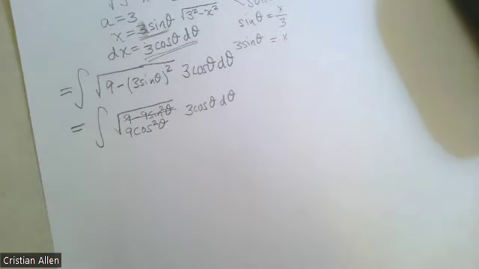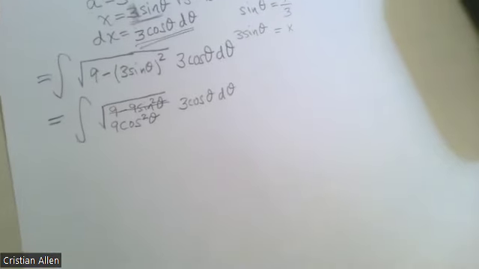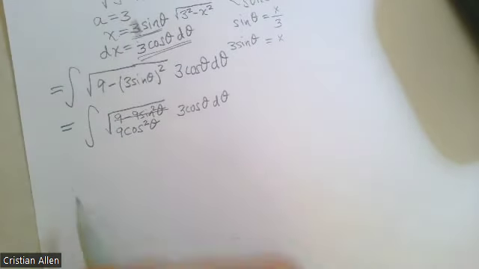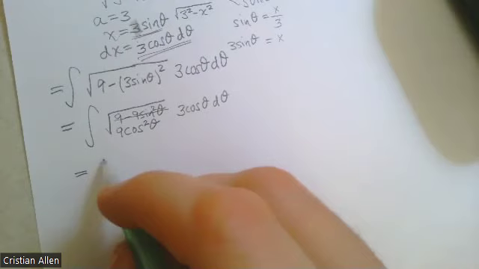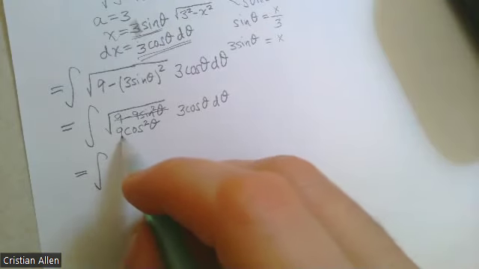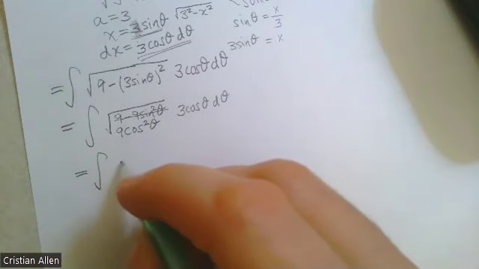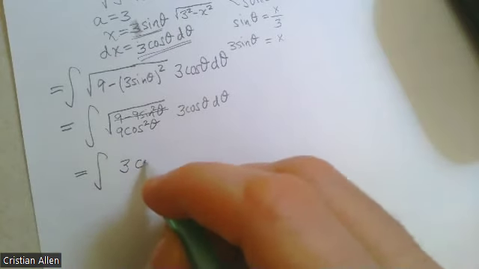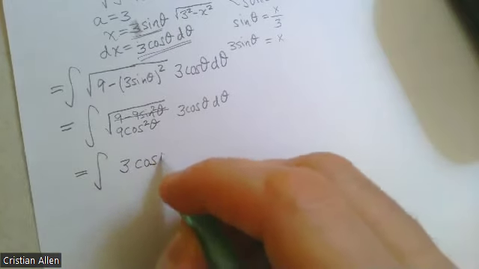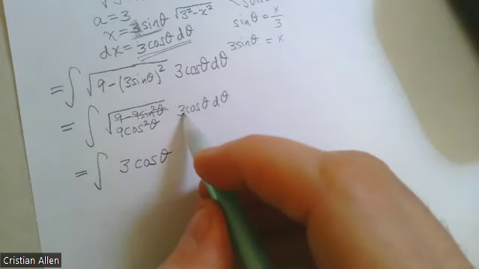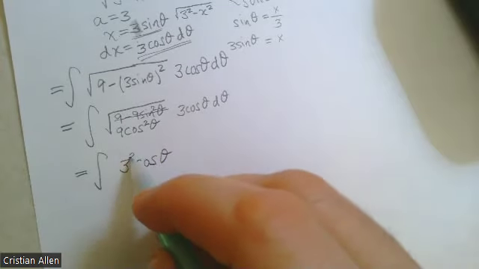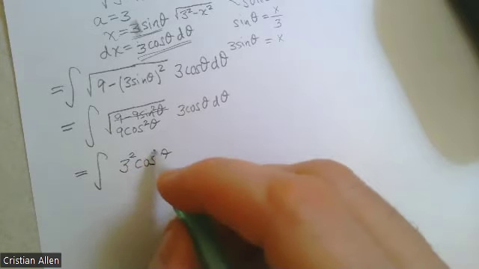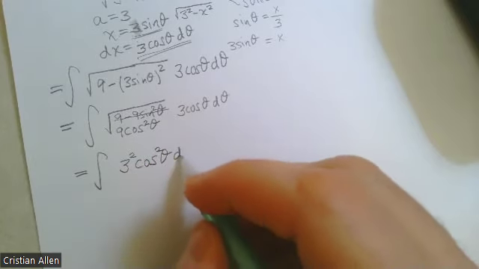And we're basically using that in every single problem here. All right, now let's look at this. There's a square root of a 9 and a cosine squared that's going to pop right out as a 3 cosine theta. But since we have a 3 over here, let's go ahead and call it a squared on that 3 and a squared on the cosine.